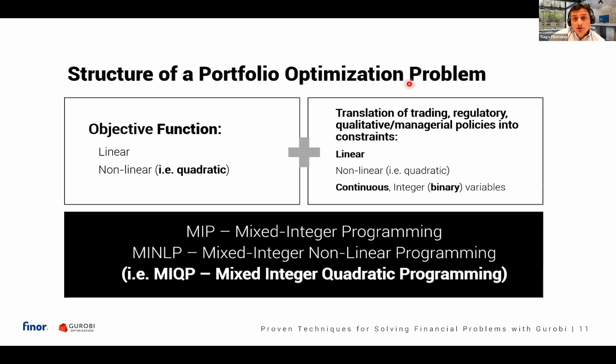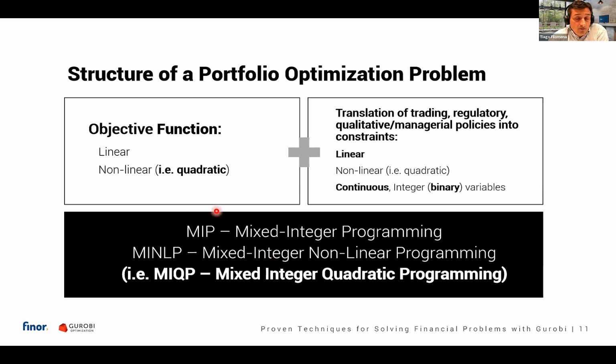So the structure of the optimization model is an objective function subject to some constraints. In general, in finance, we'll be talking about quadratic objective functions with linear constraints maybe, and variables that can be continuous and integer or binary at the same time. This will yield a MINLP, a mixed integer nonlinear programming problem.